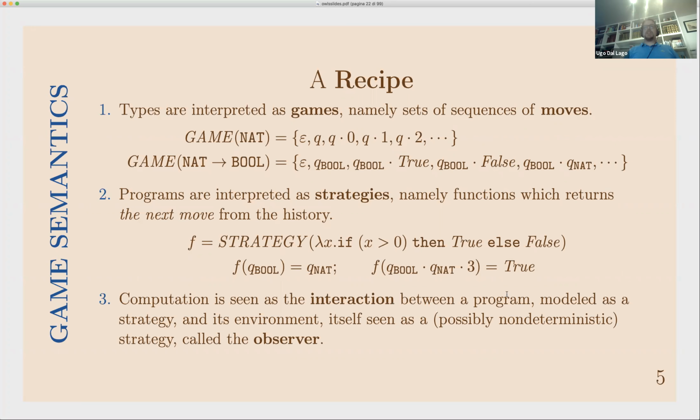And computation here is seen as really the interaction between a program modeled as a strategy and its environment, which can be seen itself as a possibly non-deterministic strategy, so not really a function, something more liberal than a function, which is called the opponent, or the observer.